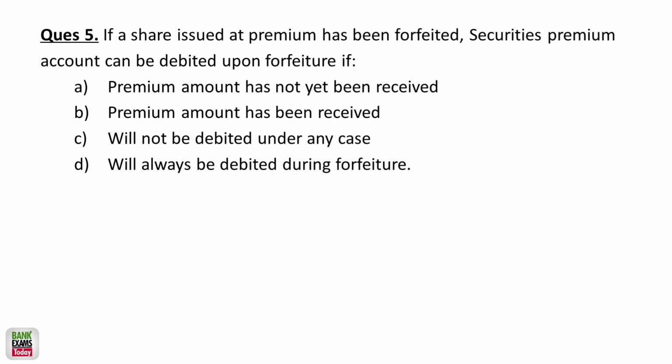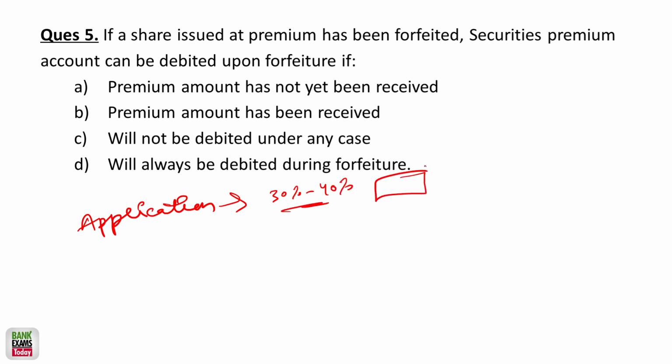If the share is issued at a premium and has been forfeited, what is forfeited? See students, when shares are issued, in the beginning there is application money, which could be 30%, 40% of the total amount of shares that you are going to purchase.